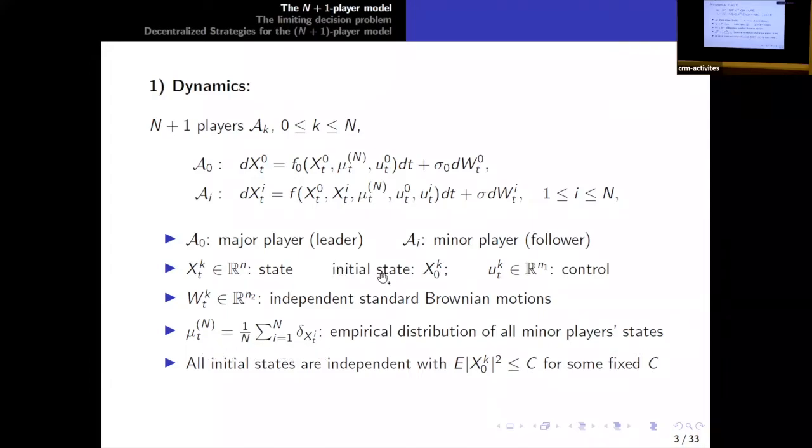And in the model, here we take U as the control. We also have some assumption regarding the initial conditions. So this is the basic model with a major player, the leader, and the n minor players, the followers.